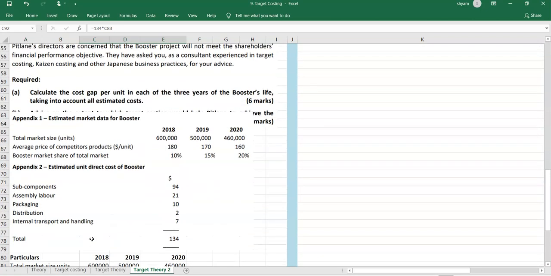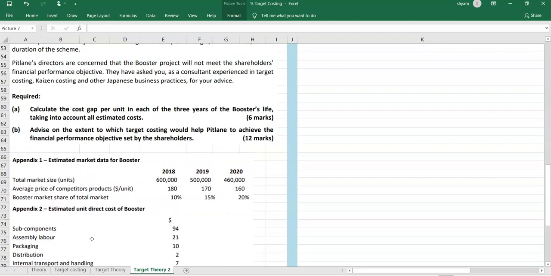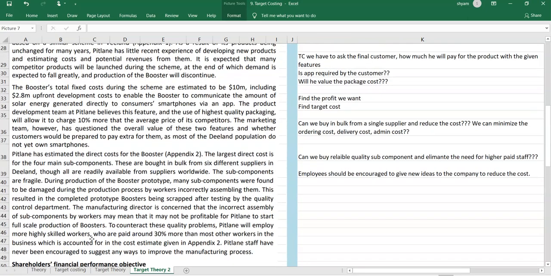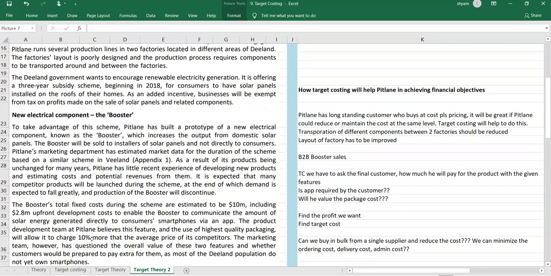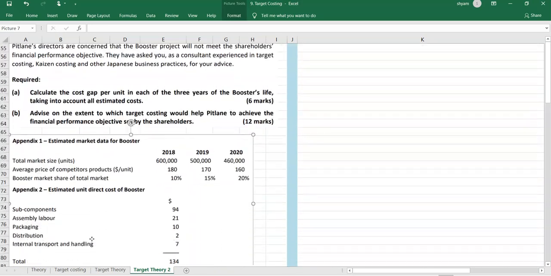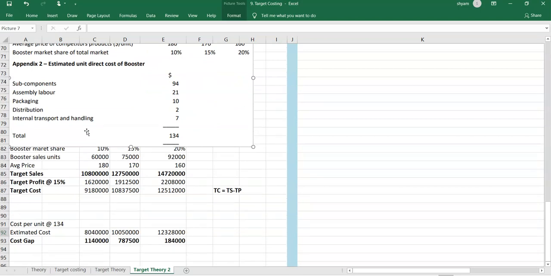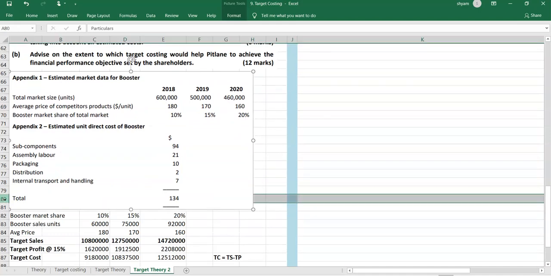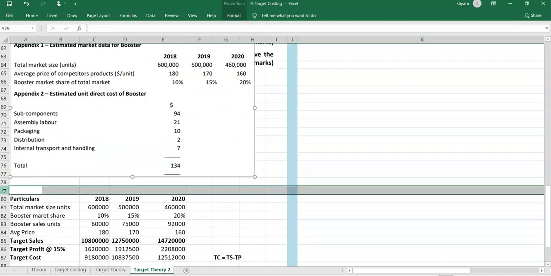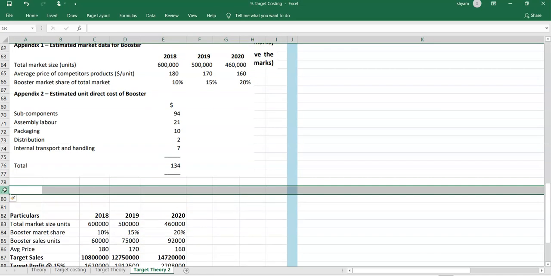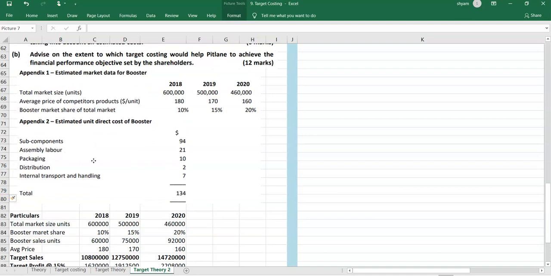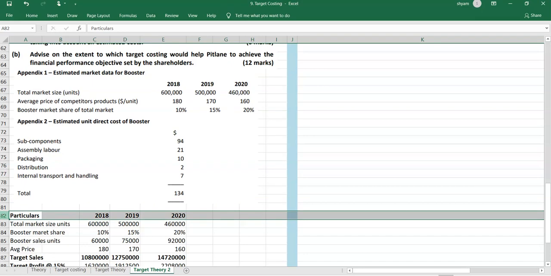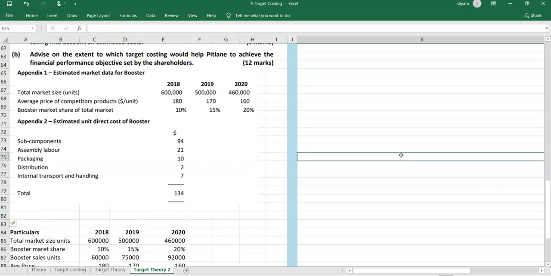So I don't think there's any other data here apart from this. There's no other data which is given. So the question ends with this part here. So this is the answer for our second part of the question.